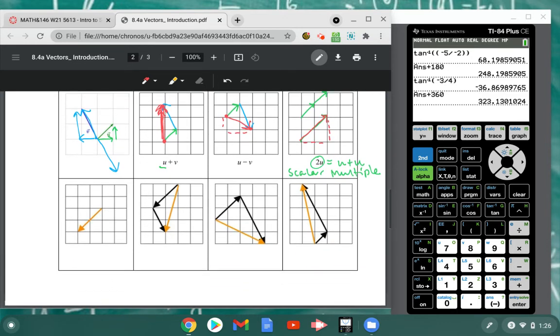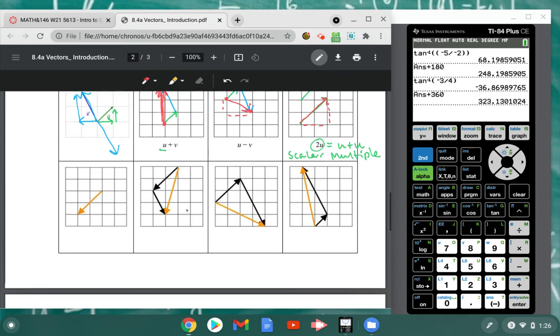In this next group, we have additions that have been done for us, and we want to take vectors u and v and decide exactly what happened. For this first one, I'm going to look at the slope, and that's the direction of my vector.